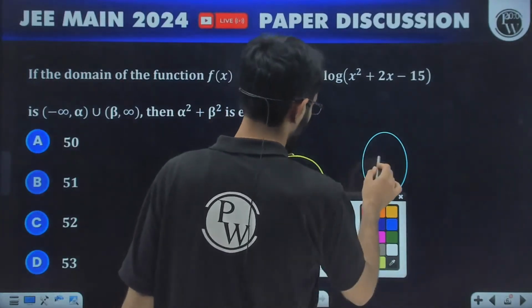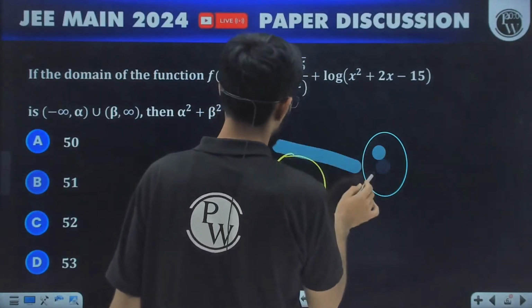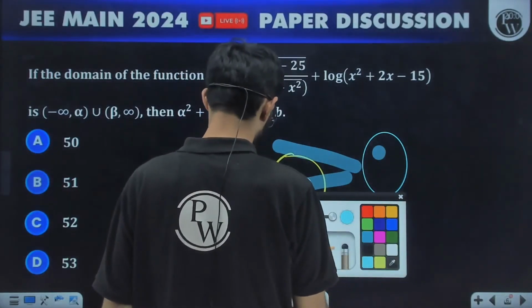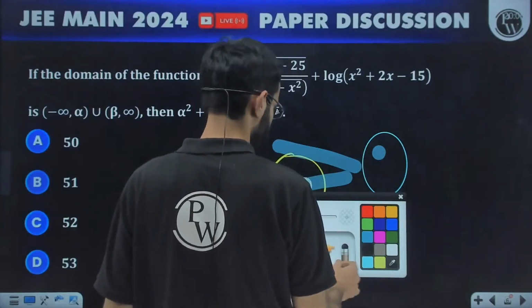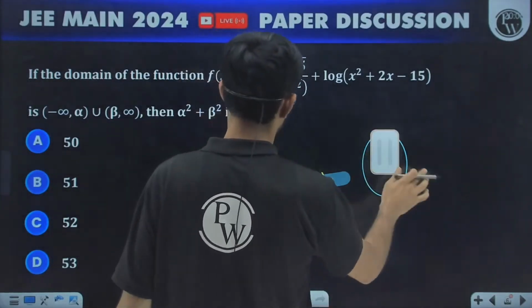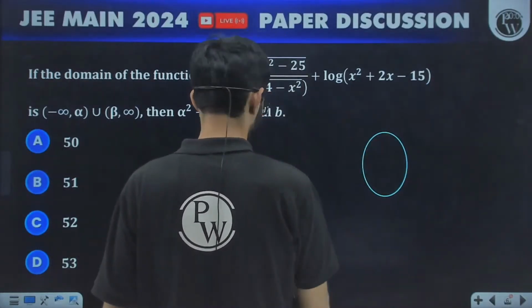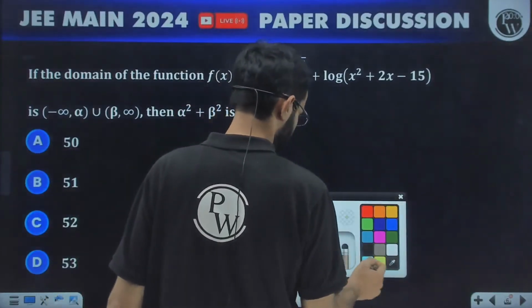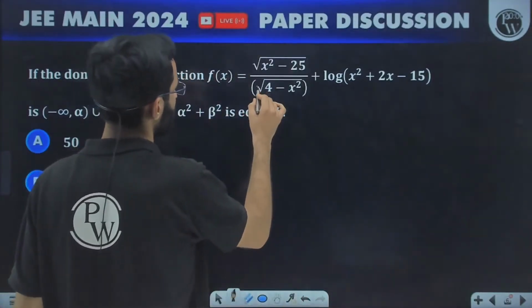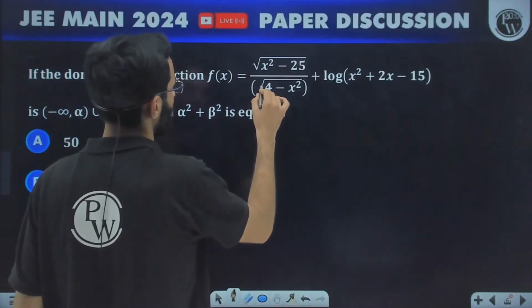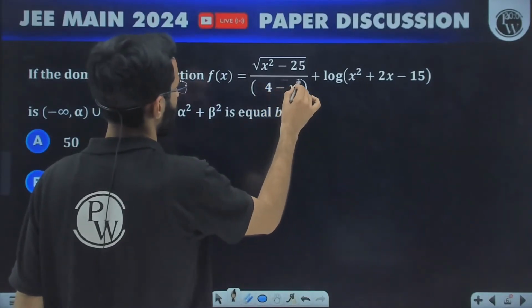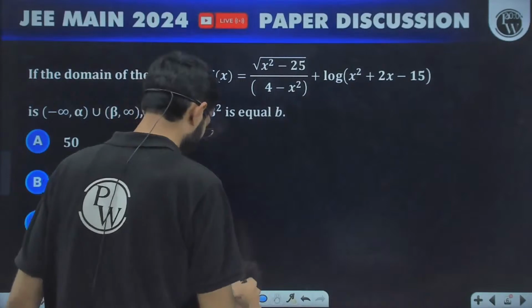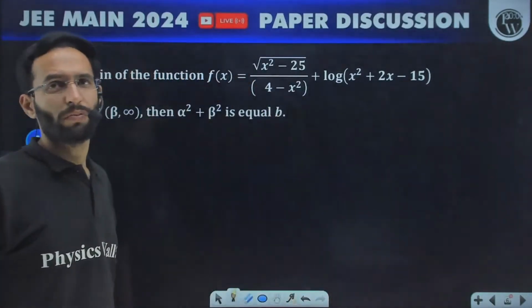We'll check later. Highlighter we can. Here in this question, square root is not present, student.